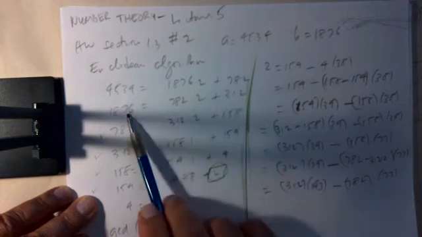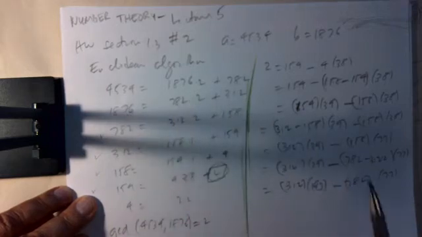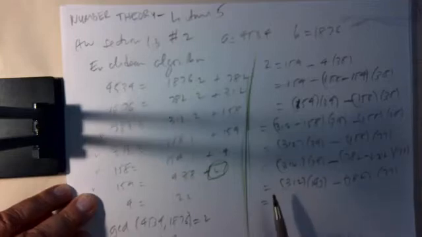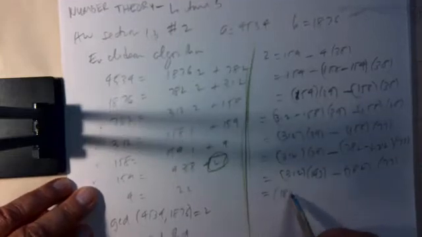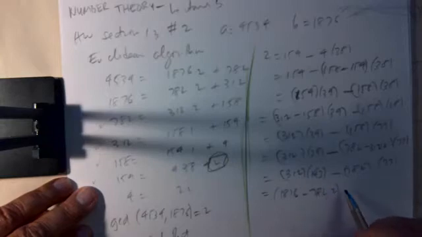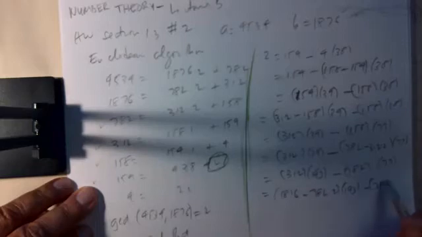But 312 is 1876 minus twice 782. So this is 1876 minus 782 times 2, times 193, minus 782 times 77.